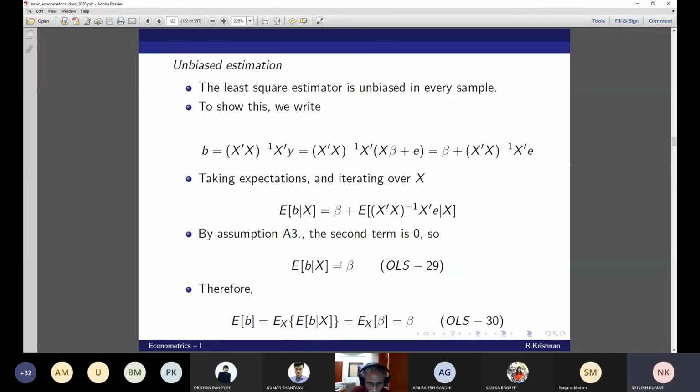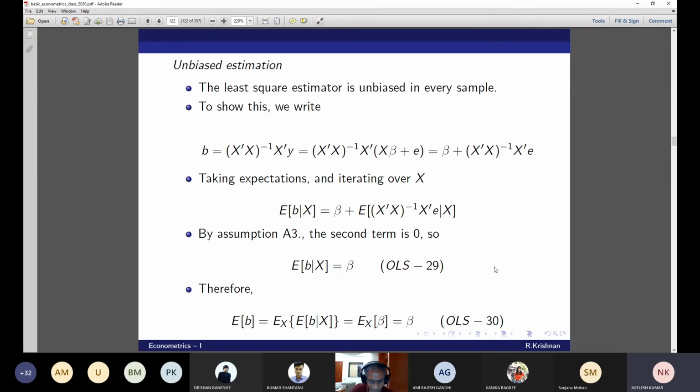Beta would be for the entire model. If it is a single explanatory variable, then we are talking about just one parameter apart from the constant. Which expression are you asking about? OLS 30. Why are we taking the expectation again?